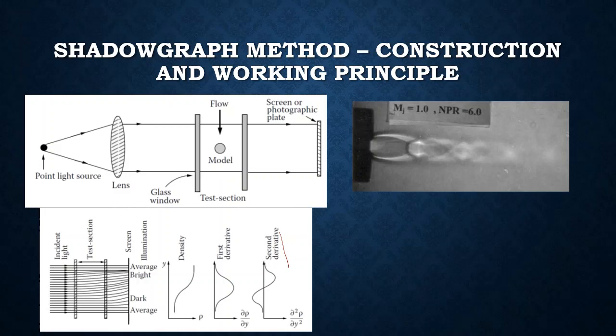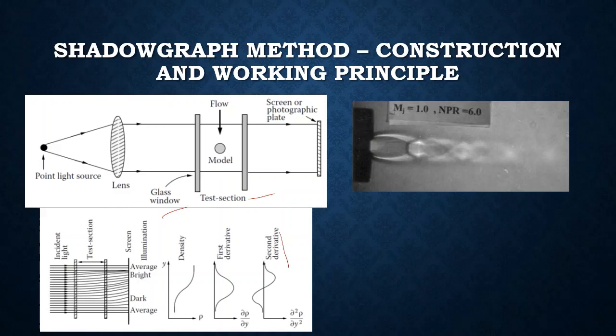The reason it is a second derivative is that the test section has two glass windows. Since we place two glass windows, the light traveling into the glass has one differential of index of refraction, and the light passing through the other test section has a second differential of index of refraction. So we have two orders of images on the screen.